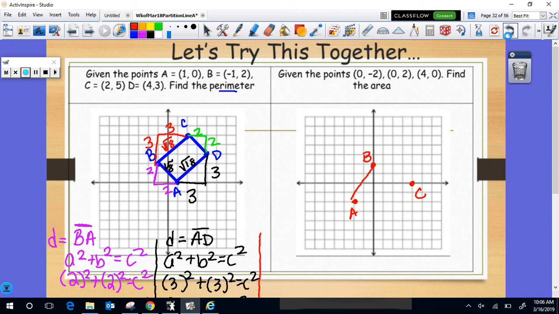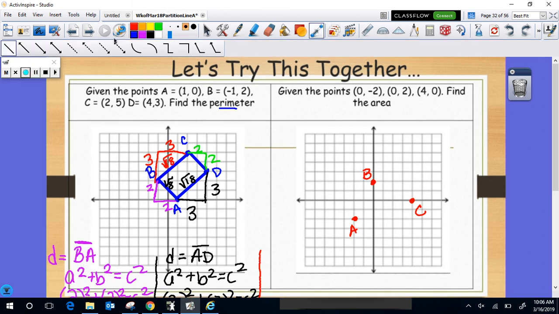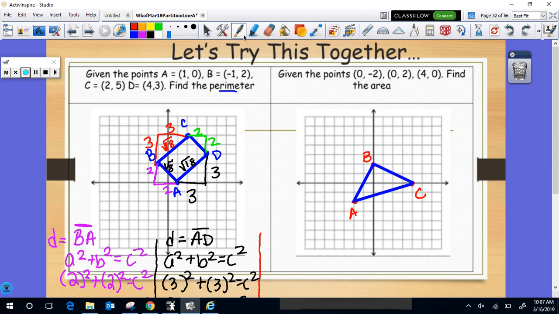We have 3 points, so we have some type of triangle here. So I'm going to connect these dots. Alright, so I connected the dots.